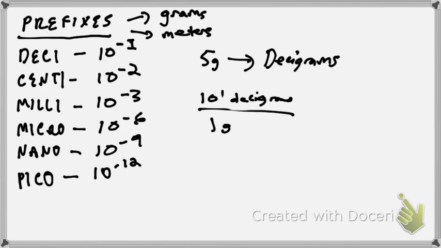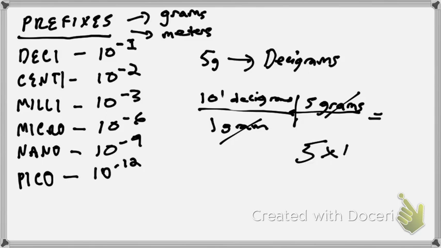Decigrams is equal to 1 gram, right? So if you want to convert grams to decigrams, you have to cancel out the grams. So grams cancel, and all we're left with is decigrams. So we are left with 5 times 10 to the 1 decigrams.